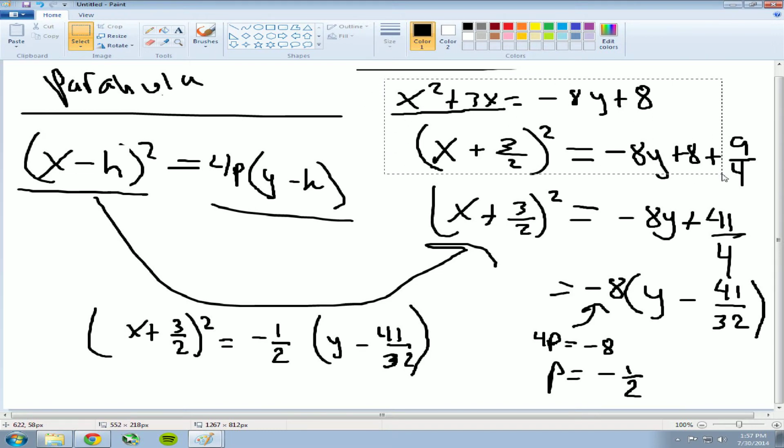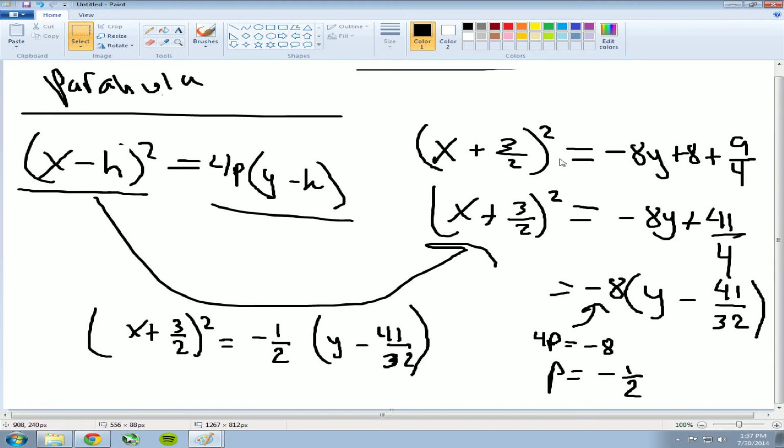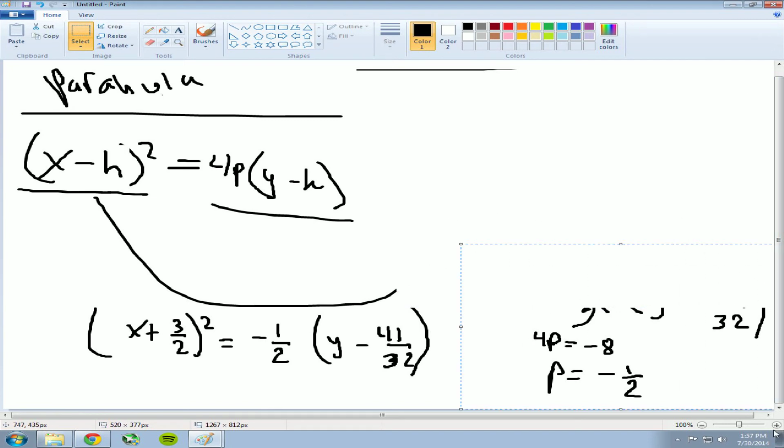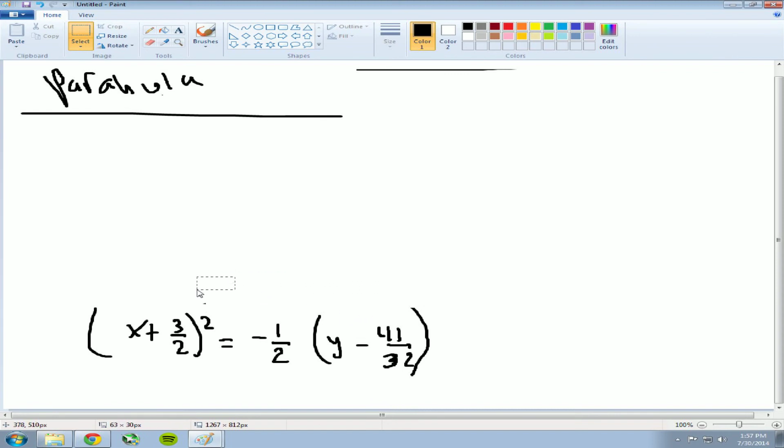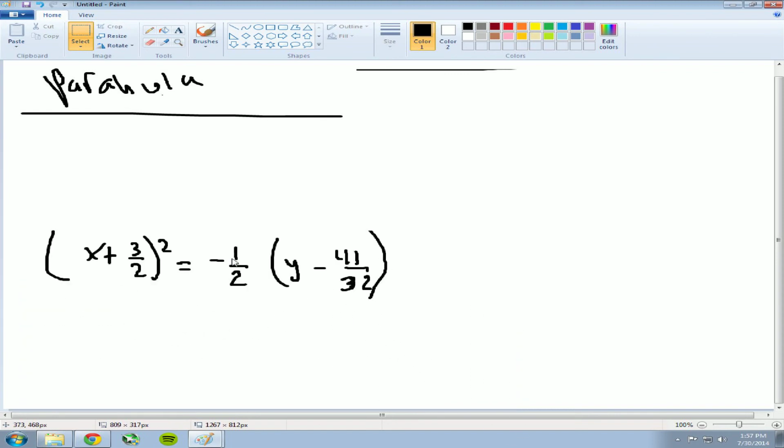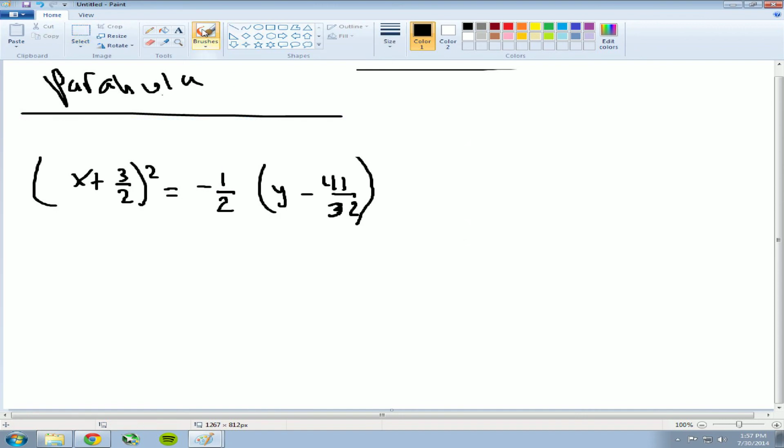Now, I understand this might be confusing, so I'm going to plan on making a couple more videos just to cover the understanding of everything that just happened. Now that I have this, what I can do is find the midpoint, well, the vertex.